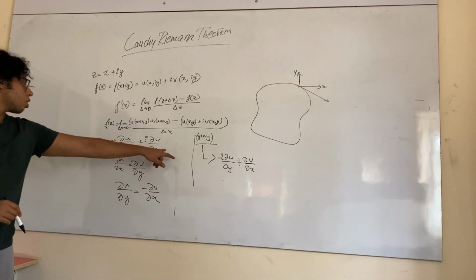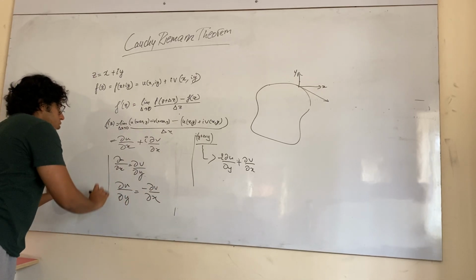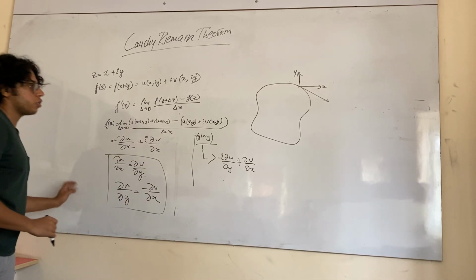You put these two together and then you get this. So this is the Cauchy-Riemann condition.